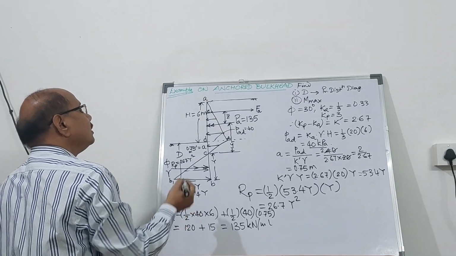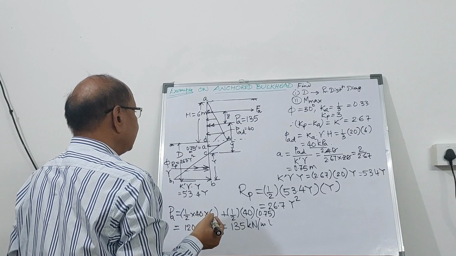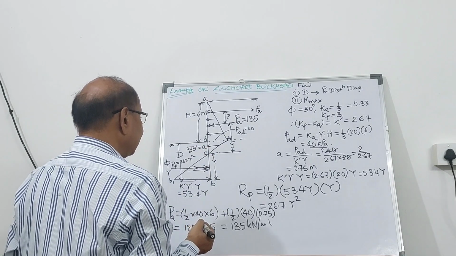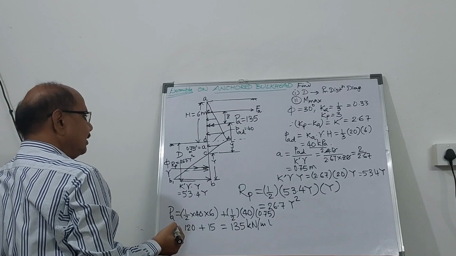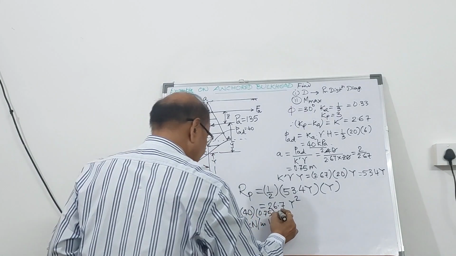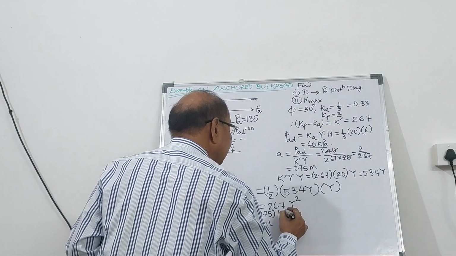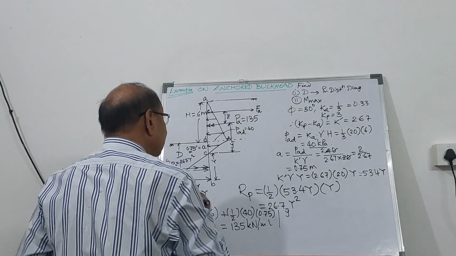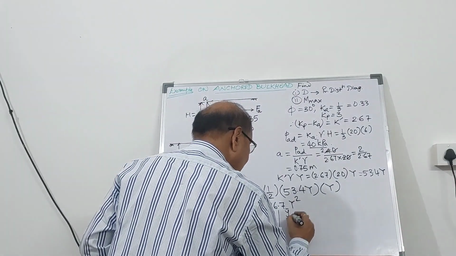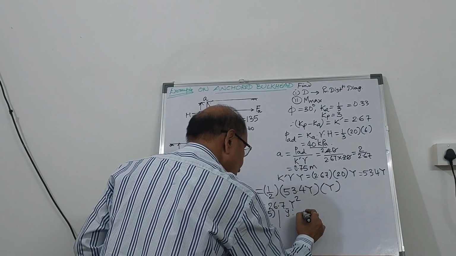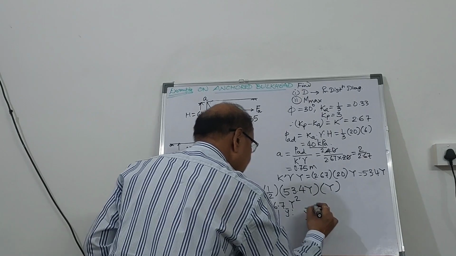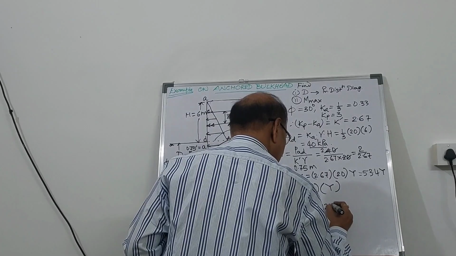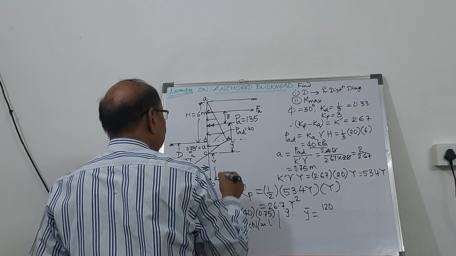Now, you need to find out Y bar, because when you need to find out Z bar, let us find out the location of PA with respect to C. So from here, what is the vertical distance? Let it be Y bar. So Y bar, the location of PA, will be equal to 120, P1, this diagram.